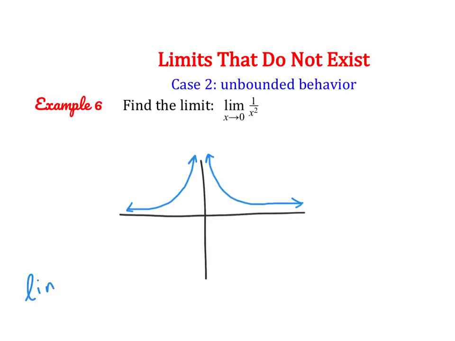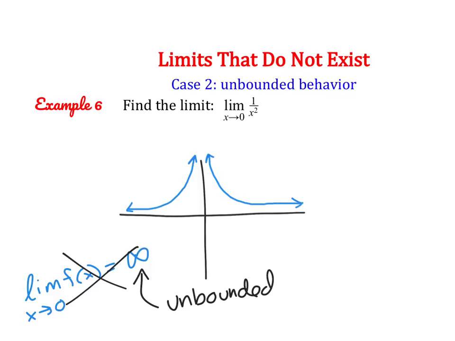So we could even say the limit as x approaches 0 of f of x is approaching positive infinity. And something like this is unbounded. We say that the limit does not exist because it will never converge upon a unique point. It will just keep going up forever. So this is unbounded behavior, and unbounded behavior has a limit that does not exist.